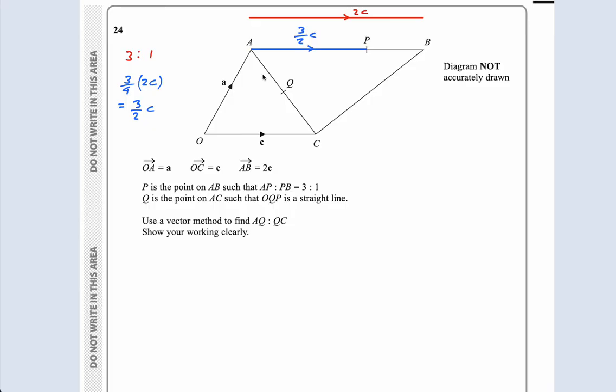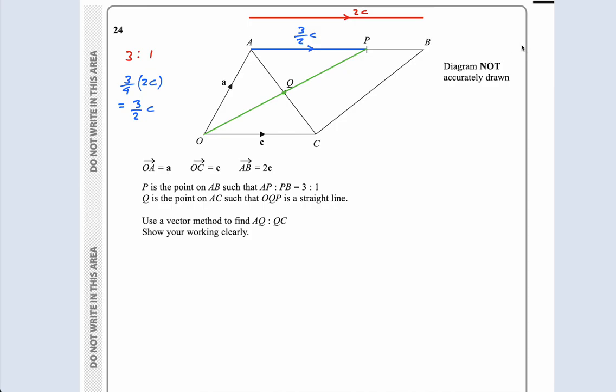Okay, now it says Q is the point on AC such that OQP is a straight line. So this is a straight line from here to here, and it goes through Q. Use a vector method to find the ratio of AQ to QC.